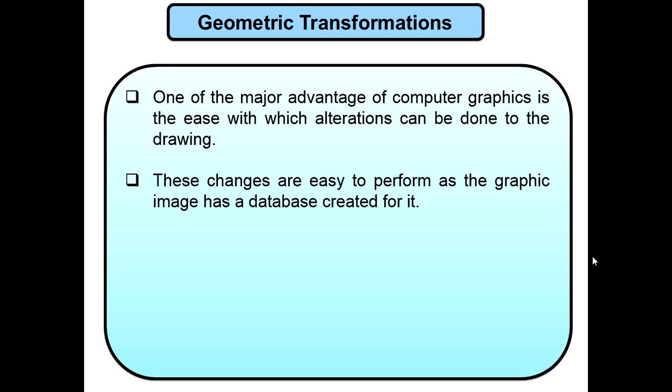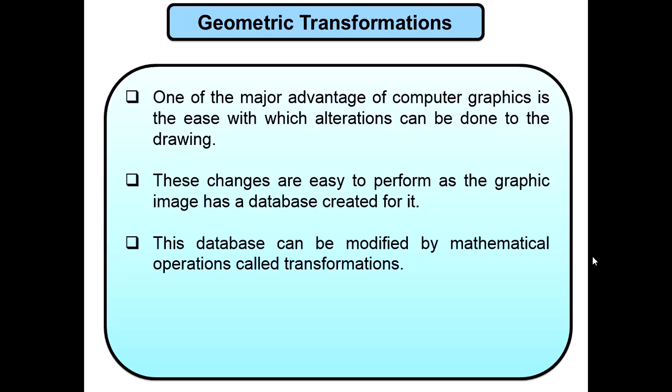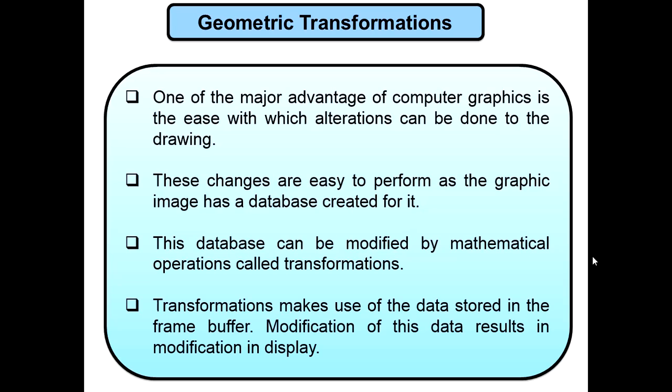These changes are possible because of the database created for your drawing. For any drawing you make on your screen, the software will have a database created for it, and because of this database we can easily make changes, or easily alter the position or the size of the image. So this database can be modified by mathematical operations.